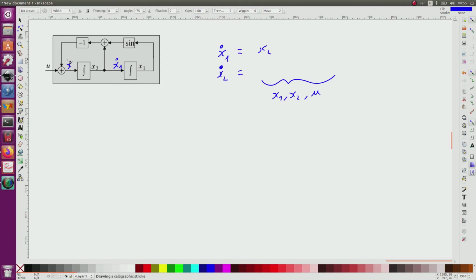Now x dot 2 is here, and x dot 2 is equal to u, which is allowed, plus, so I will have minus, due to the minus here, sine of x1, and minus x2.